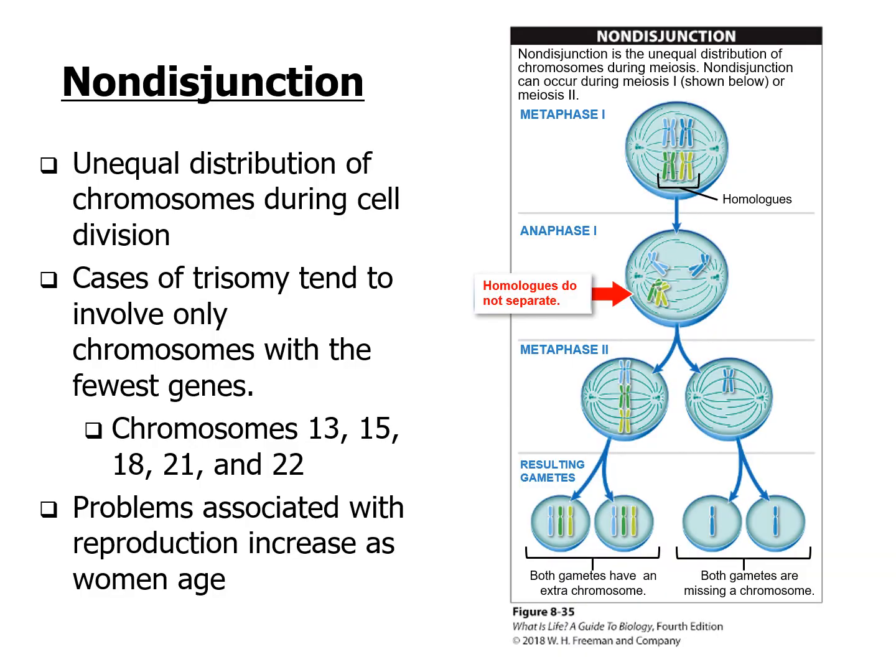Going sort of hand in hand with trisomy 21, that is an example of something called non-disjunction, and that is an unequal distribution of chromosomes during cell division. Cases of trisomy tend to involve only chromosomes with the fewest genes. These chromosomes can include 13, 15, 18, 21, and 22.